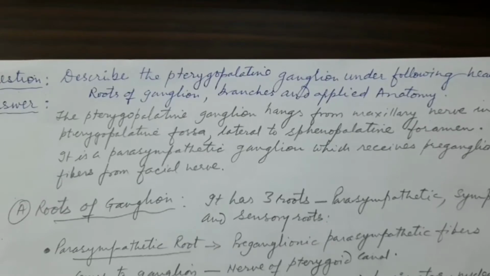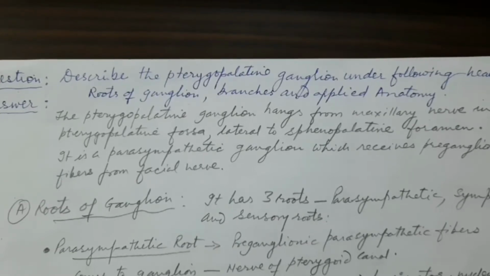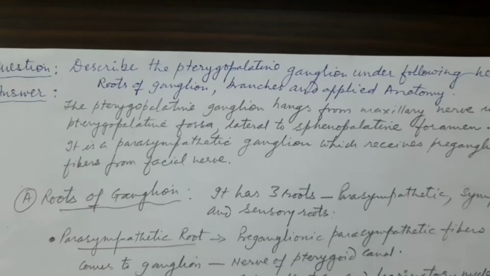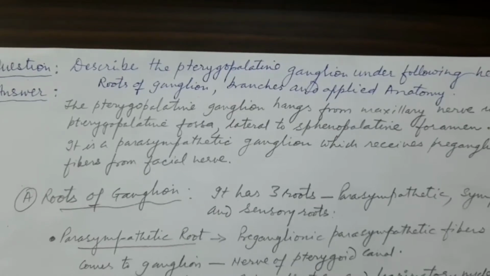Though it is hanging by the maxillary nerve, from the second division of the trigeminal nerve, the fifth cranial nerve, the ganglion is in connection with the facial or seventh cranial nerve, and it is a parasympathetic ganglion.